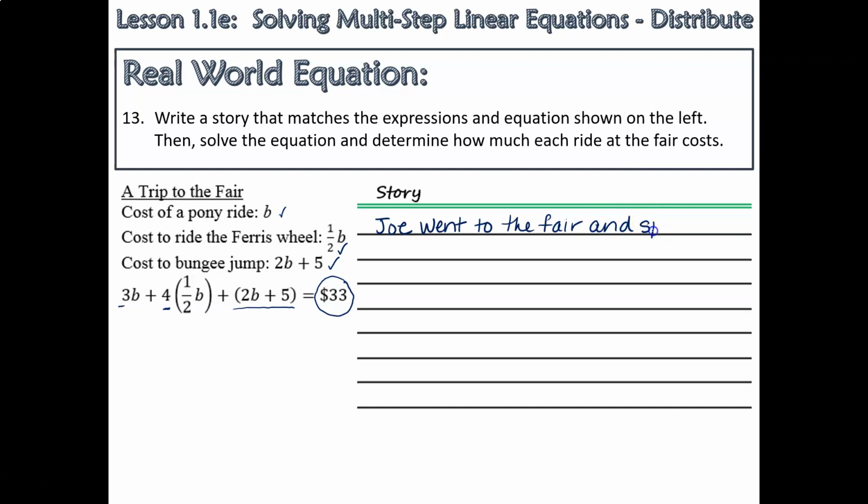And he spent $33 total all day. So he went on 3 pony rides, 4 Ferris wheel rides, and 1 bungee jump, a single bungee jump.